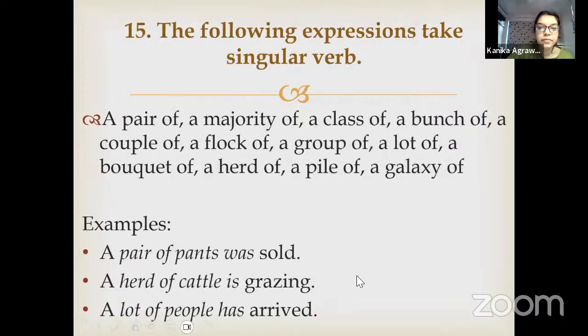Okay, next. These following expressions always take singular verb, okay? Like a pair of, a majority of, a class of, a bunch of, couple of, flock of, group of, a lot of, a bouquet of, a herd of, a pile of, a galaxy of.